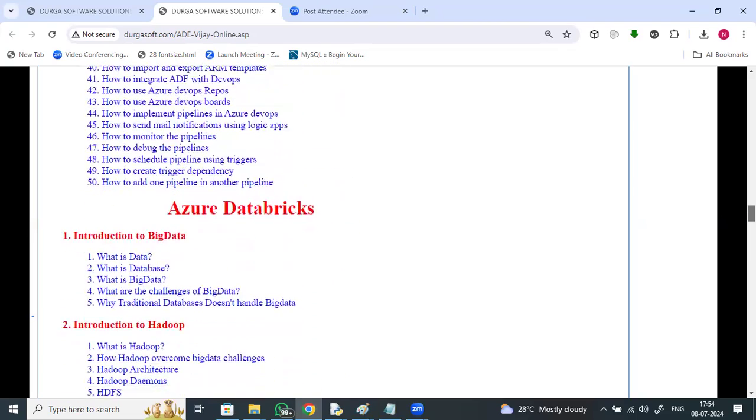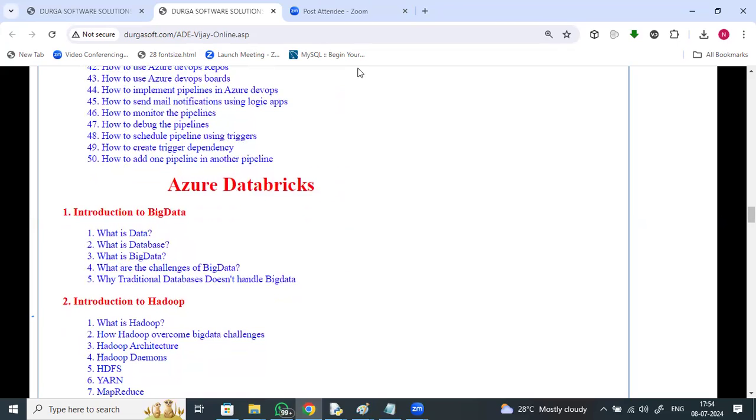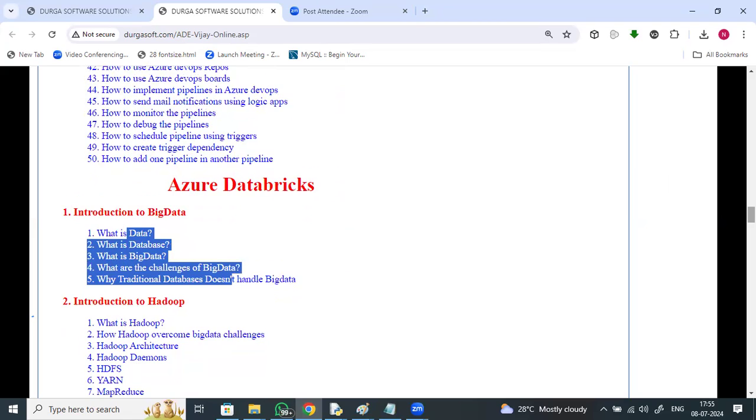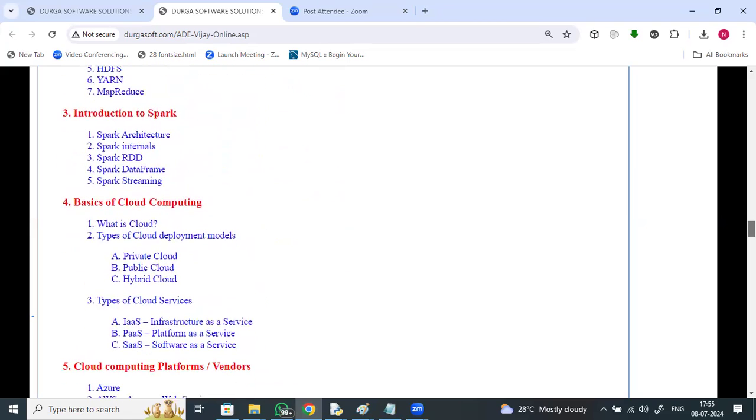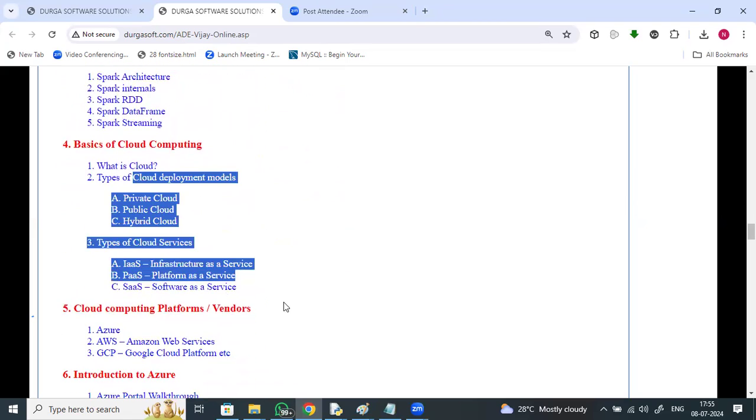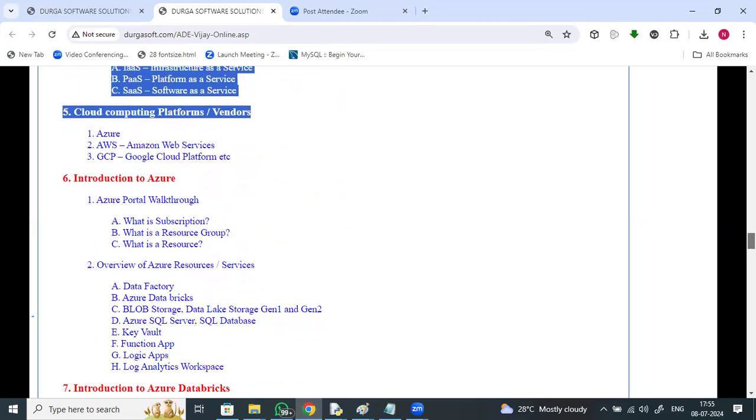And coming to Azure Databricks, right? Some knowledge is needed before we go with Azure Databricks: an introduction to big data and Spark, and some introduction to the cloud platform and some of Azure.